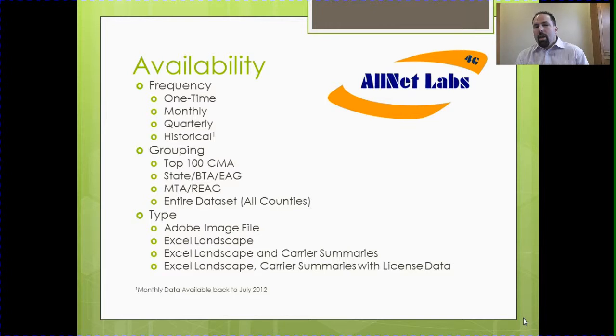The Adobe image file, which just gives you a graphic electronic poster of the spectrum ownership that you can visualize how all the ownership occurs across the country. We have the spreadsheet Excel landscape that allows you to do some auto filtering to determine where carriers are, and then visualize their adjacent spectrum blocks and who controls those.